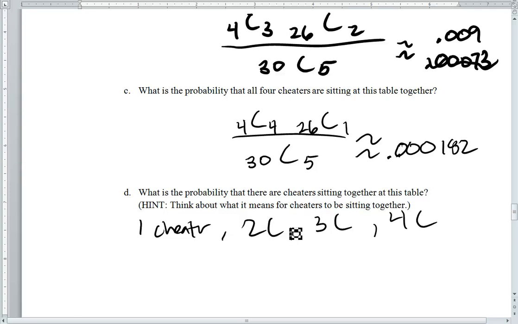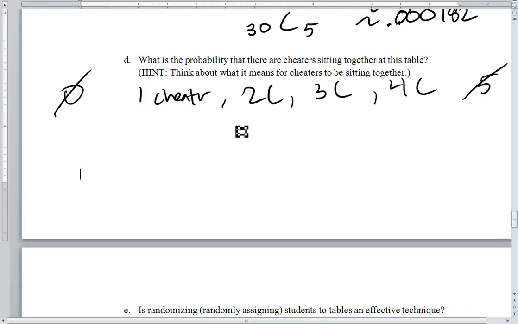You can't have more than that, and if you're looking for the probability of having cheaters at this table, then 0 doesn't count. And you can't have 5 cheaters sitting at the table because the max number of cheaters in this class is 4.